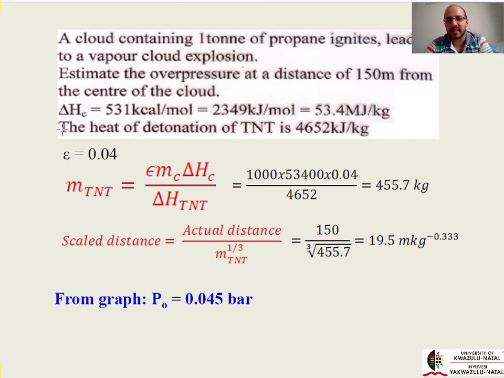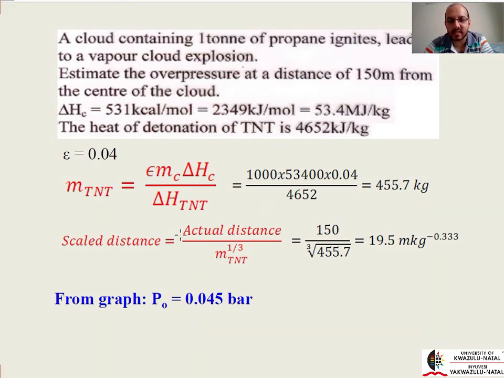Okay, so they've given us the heat of combustion of propane, and of course we know the heat of detonation. So for 1 ton of propane, we can substitute it in here, and we can get the equivalent ton of TNT. Okay, and we can already compare. So 1 ton of propane, that's equivalent to 455 kilograms of TNT.